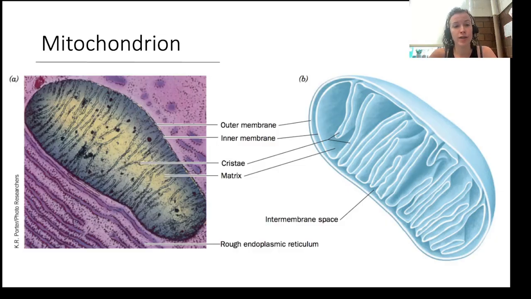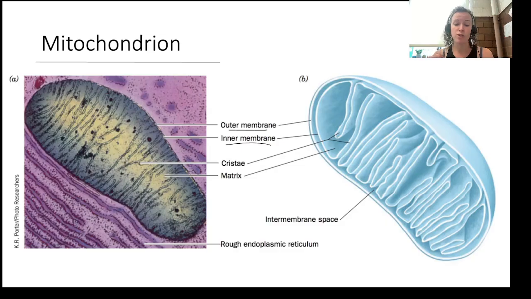Specifically, let's talk about the mitochondrion. On this slide, I have on the left an electron micrograph of a mitochondrion that's showing you the structure as it looks in real life. And on the right is a cartoon. You can see some various aspects of this organelle, such as its double membraned nature, so it has both an outer and inner membrane.